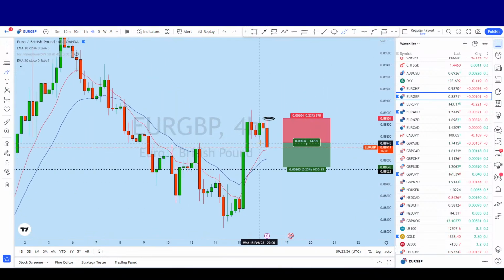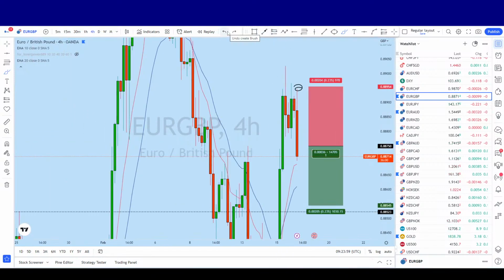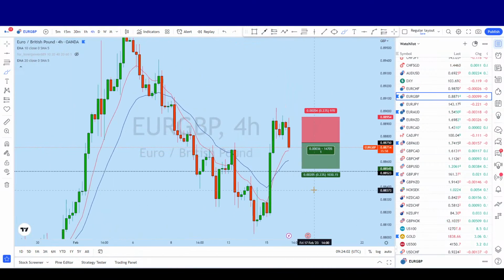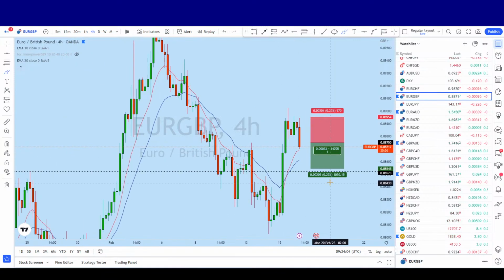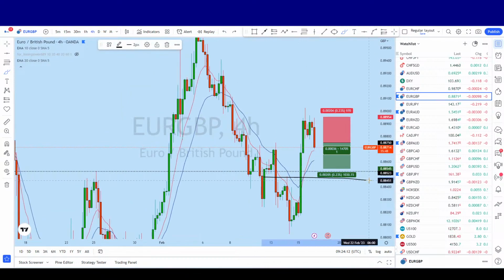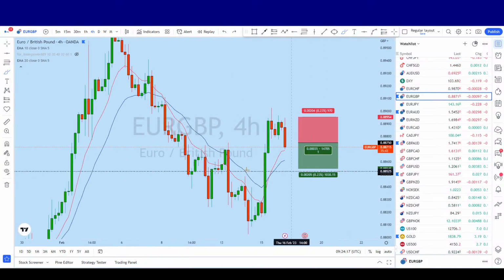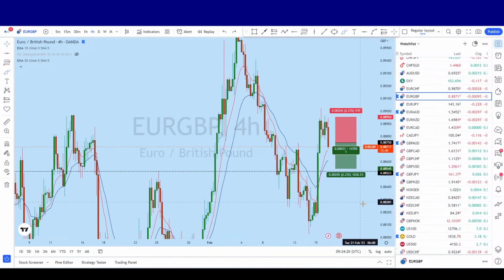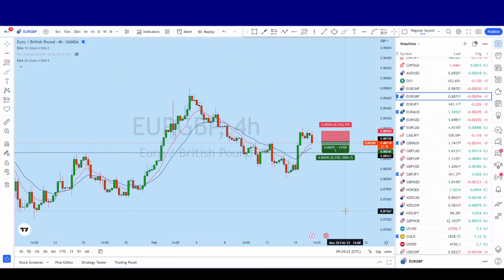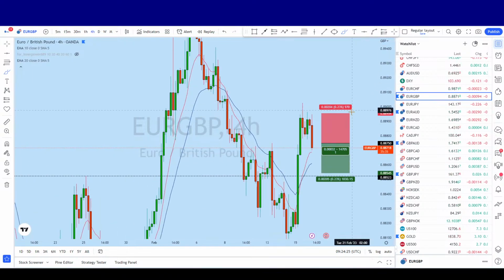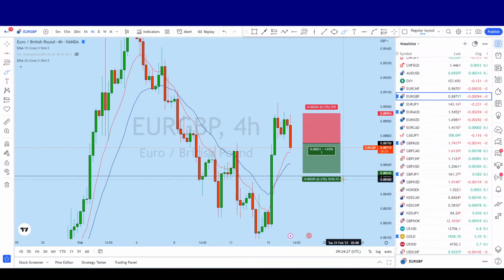We might see later some retracement to the upside, but we should see at least Euro GBP coming to this level where the neckline is, this support turning resistance, this resistance turning support, and this is the dotted line where we see the monthly and weekly level. So we'll be expecting that this price comes down and hits our TP. So Euro GBP we have shorted.